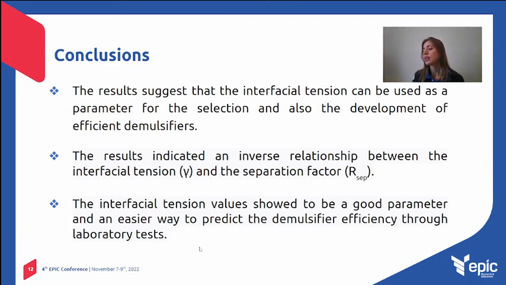Therefore, the interfacial tension values showed to be a good parameter and an easier way to predict the demulsifier's efficiency through laboratory tests, which means better than exhausting bottle test analysis, okay? Usually applied to select the demulsifier.